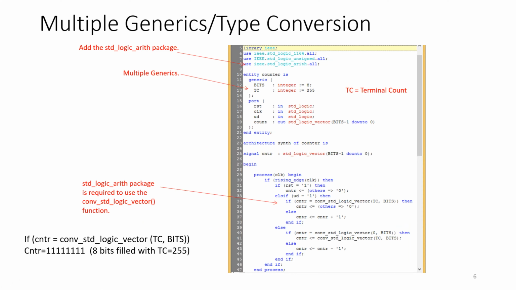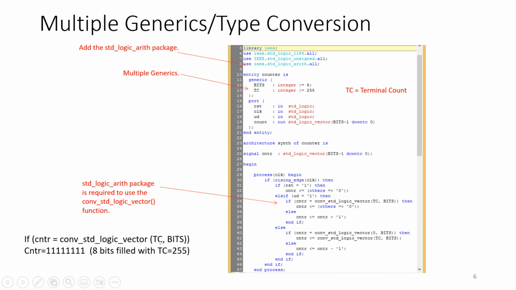And then we spoke about having multiple generic. This is the terminal count, 0 to 255, and I am using it here with this command. This command is converting the standard logic. This is the terminal count I have, 255. I'm converting it as an 8-bit, because I have terminal count, the bits is 8.